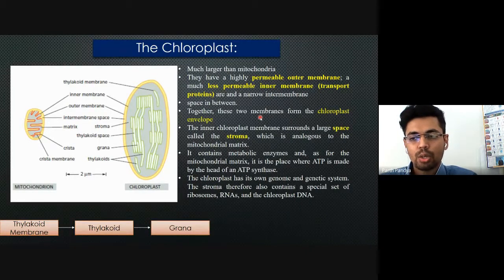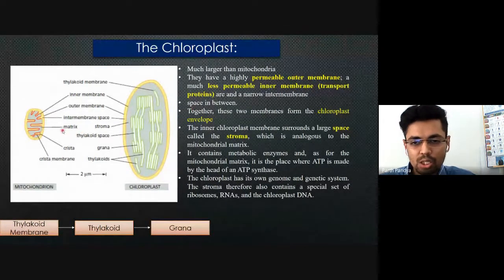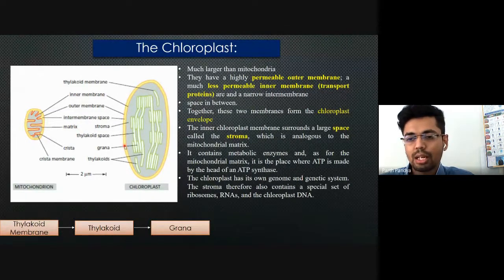Together these membranes form an envelope. As mitochondria have a matrix portion, likewise in this case we have a stroma portion, which has some of the enzymes in it, and ATP is made in this particular case.